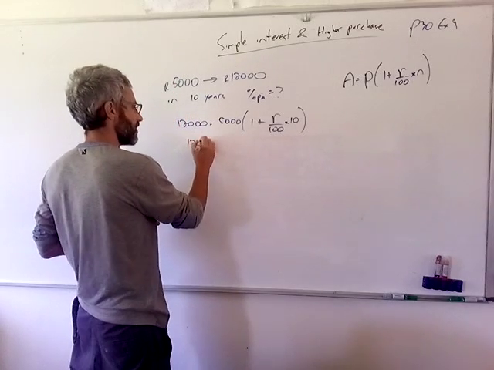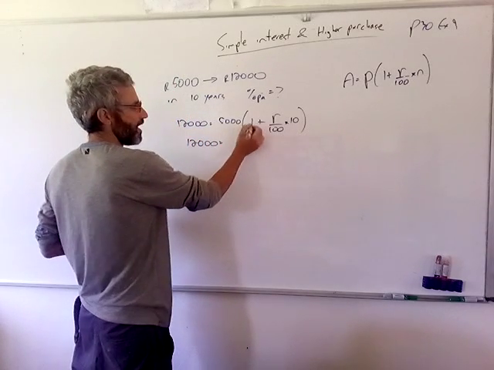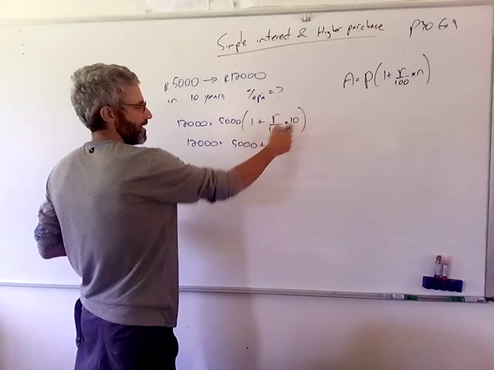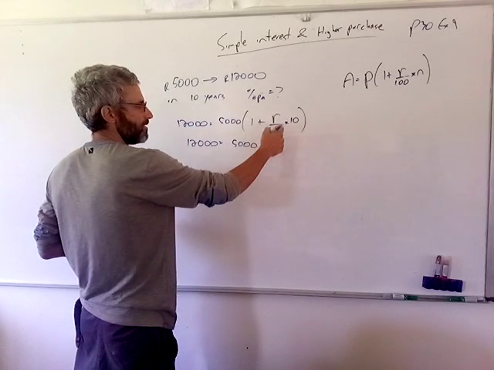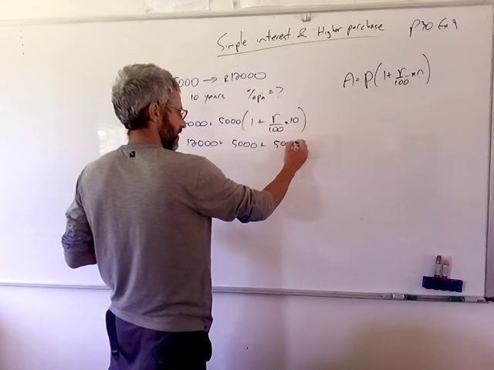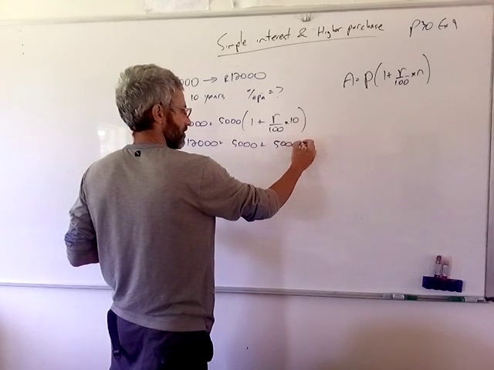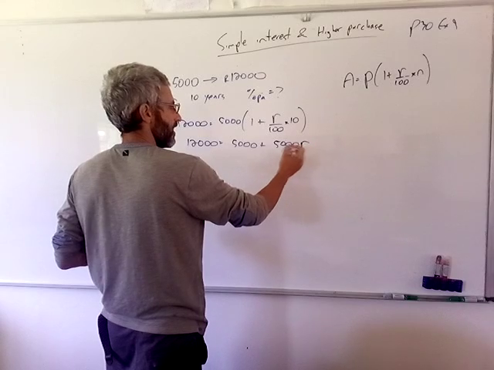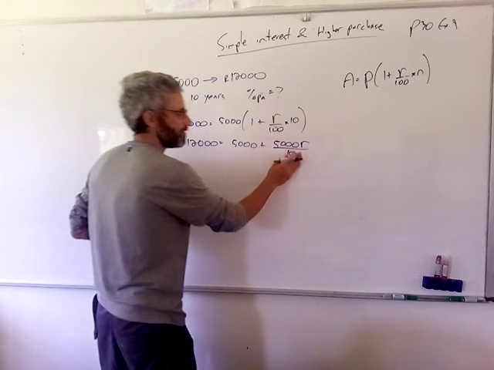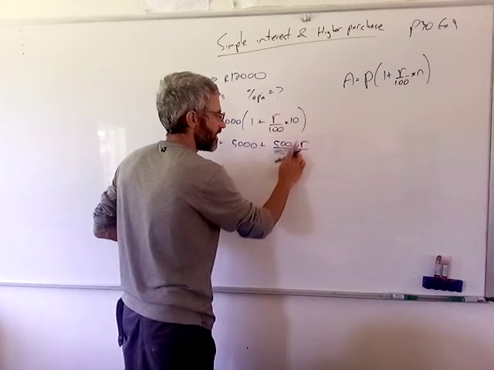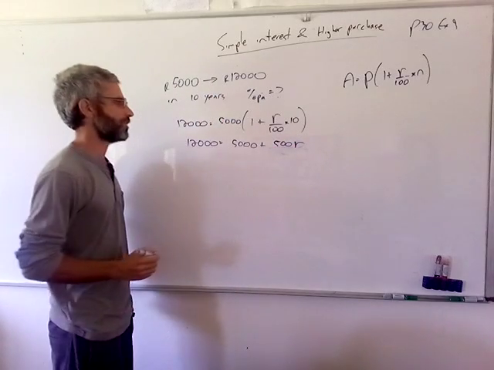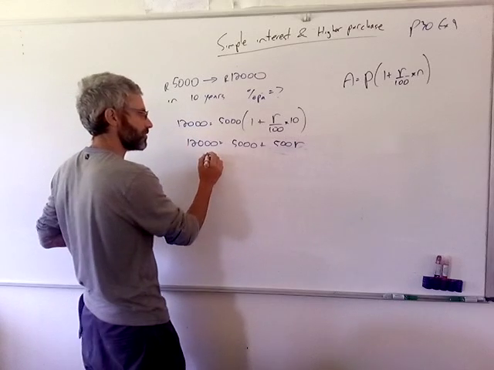So it's 12,000. I'll open it. 5,000 times 1 is 5,000 plus 10 divided by 100 is 1 over 10. So it's R over 10 times 5,000. I'll just write that like this for a second: 5,000 times R divided by 10. So I divide it by 10 and I get 500R. Move the 5,000 to the other side.